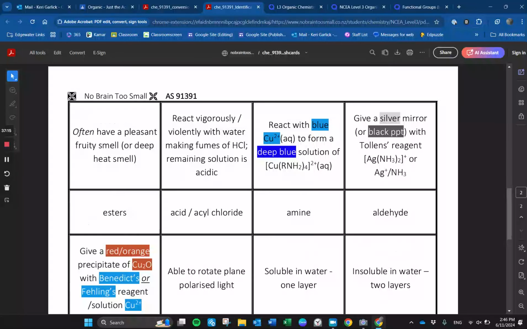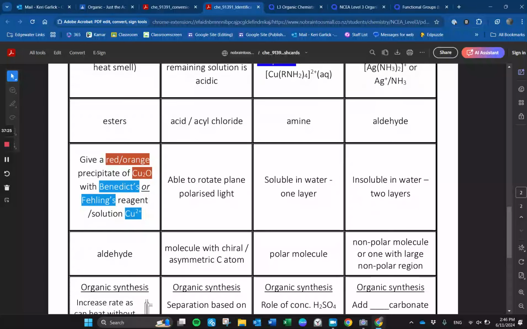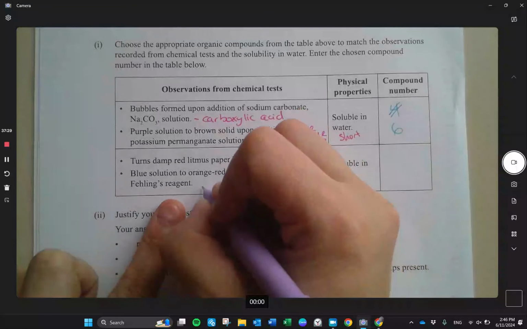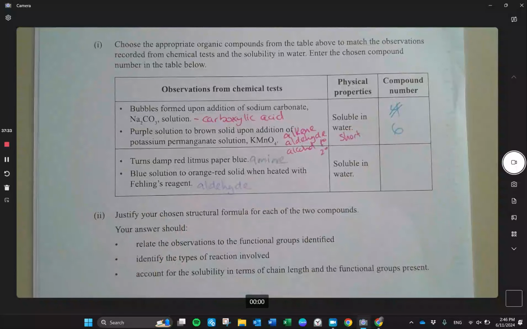Here we go. Gives a red-orange precipitate when Benedict's or Fehling's is used, and those are both blue. So blue to orange. So that tells me aldehyde. That's my next hint. Okay? And soluble in water, so that tells me short.